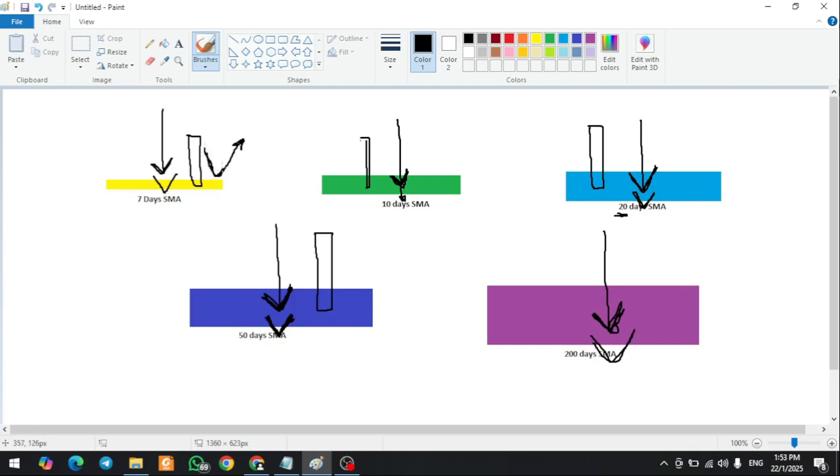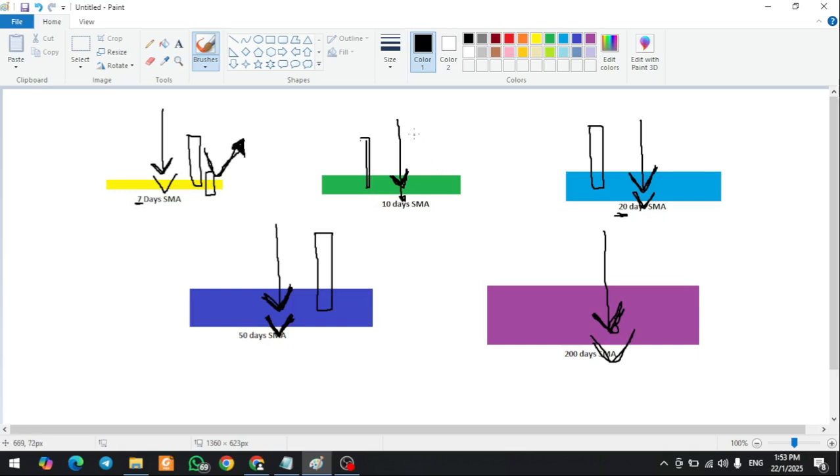If the force is not big enough, the price will bounce back. If the volume is quite big, it can easily break, because this one is the smallest number.